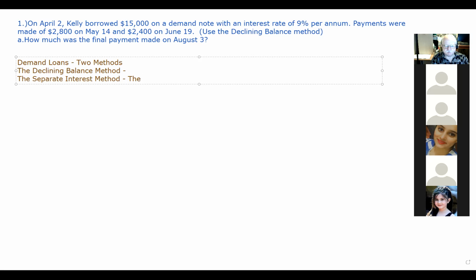If the individual has a bank account at the bank, that's the separate interest method. What this means is when they're paying back the loan, they can do two separate calculations. They can have one calculation just for the principal of the loan, and one just for the interest.